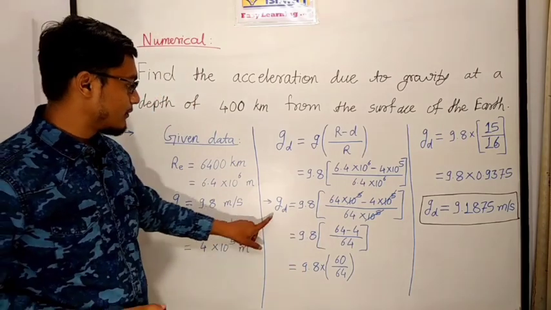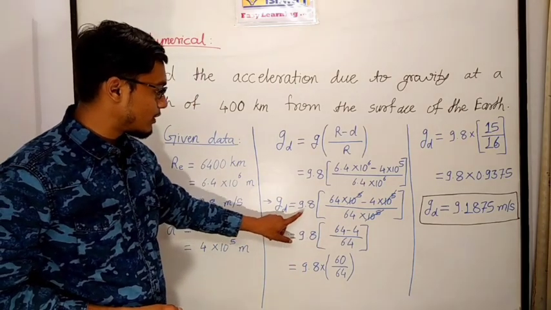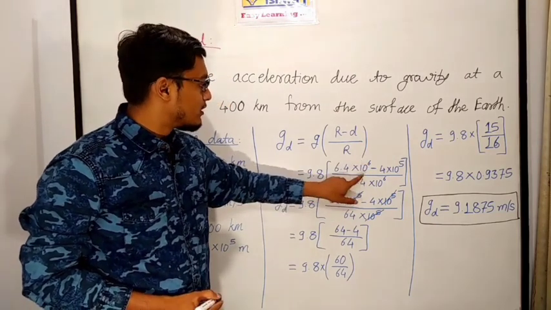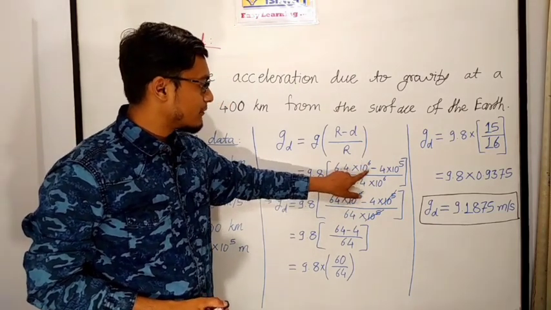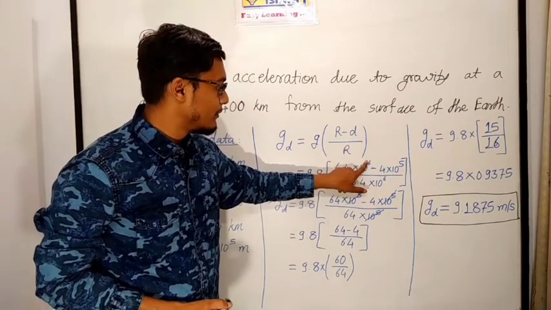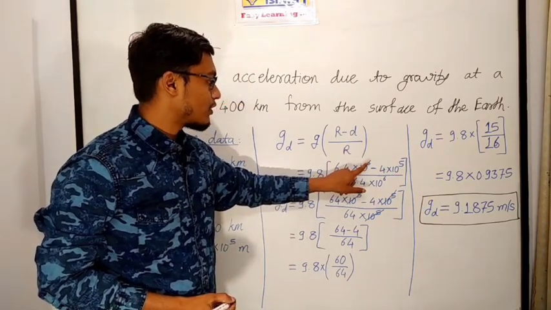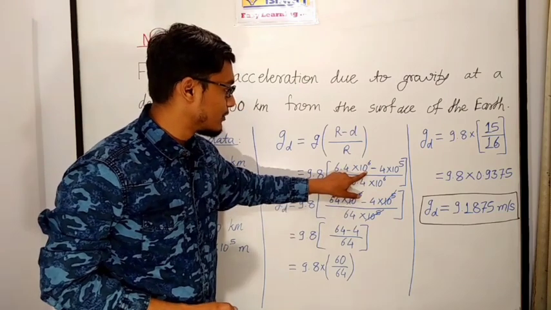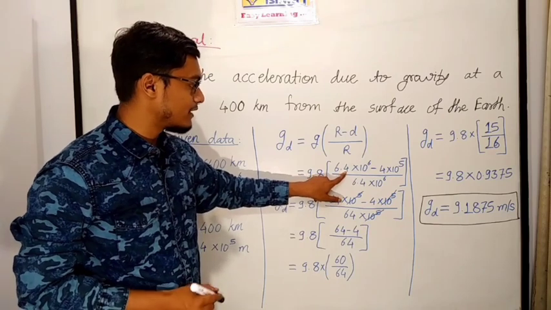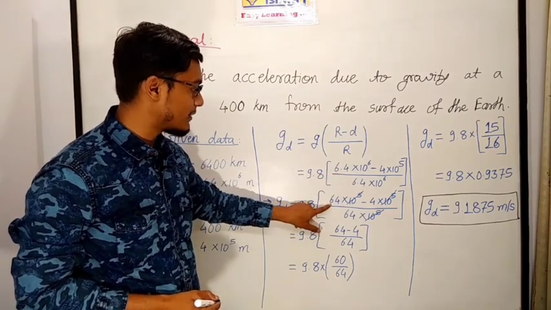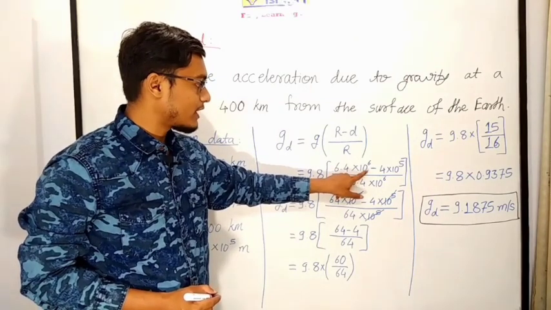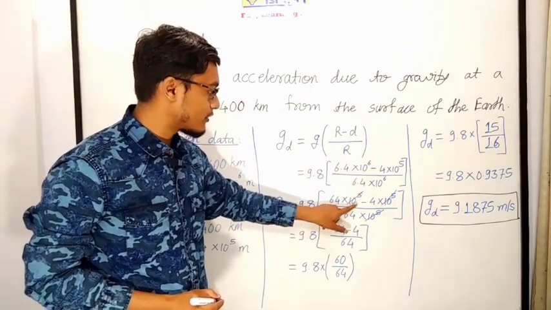Now in the next step we will get GD is equal to 9.8. So look at the power here. For the radius the 10 power is 6, and for the depth the 10 power is 5. We will equalize the power of 10. So we will take 1 from 10 power 6 to here, meaning 6.4 into 10 becomes 64, and after deducting 1 from 10 power 6, it becomes 10 raised to the power 5.